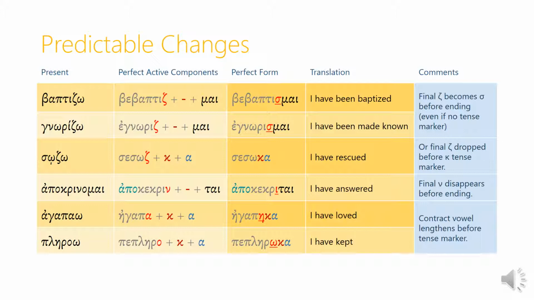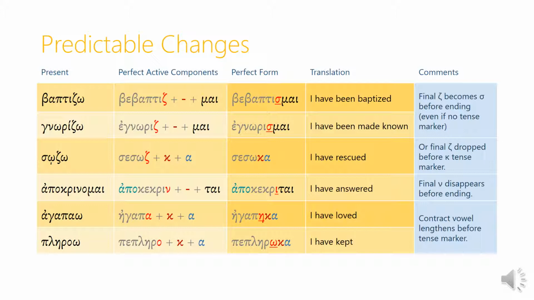In the perfect, we have the perfect stem reduplicated, sesod, plus kappa, plus the alpha connecting vowel. And so in the first person singular, we end up with sesoka, with the zeta dropping out in front of the kappa. And sesoka means I have rescued.